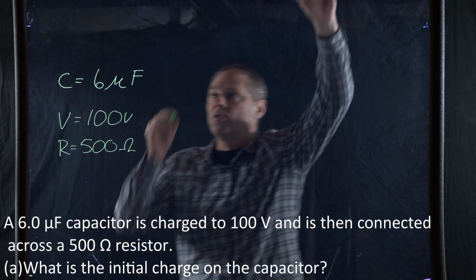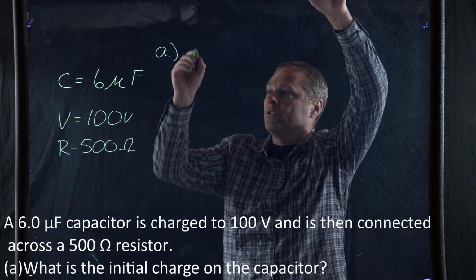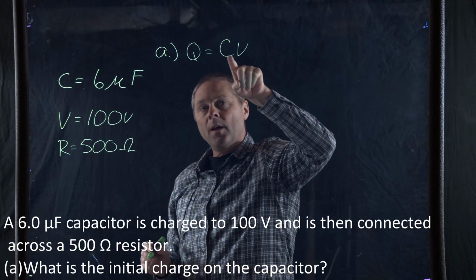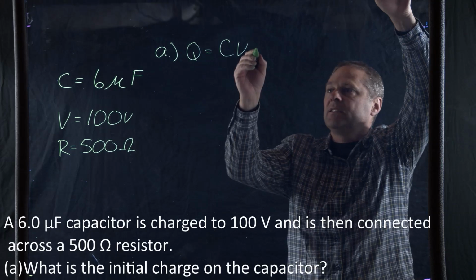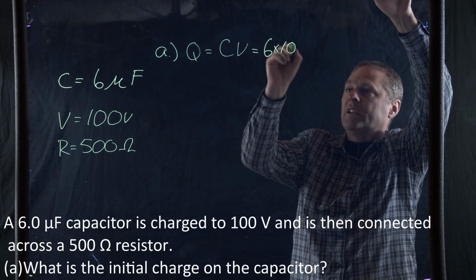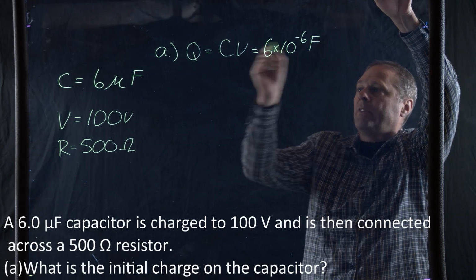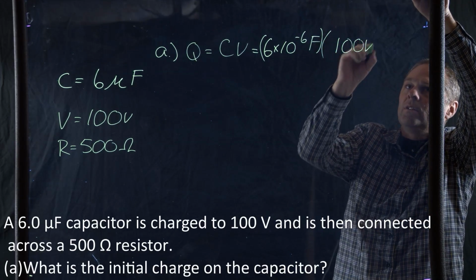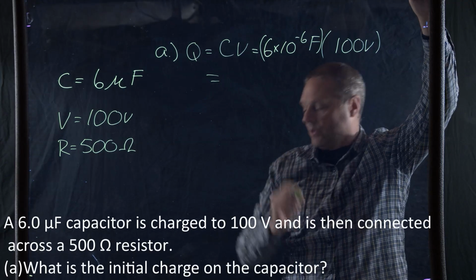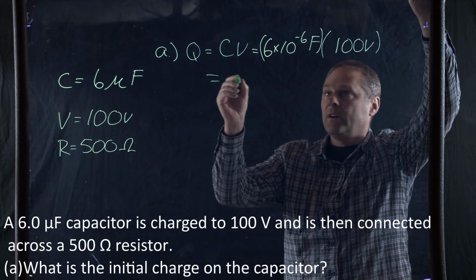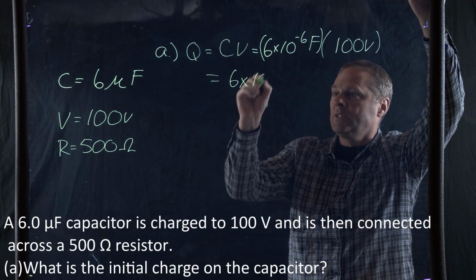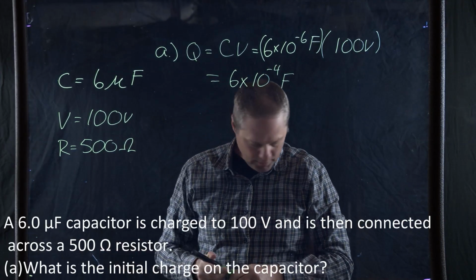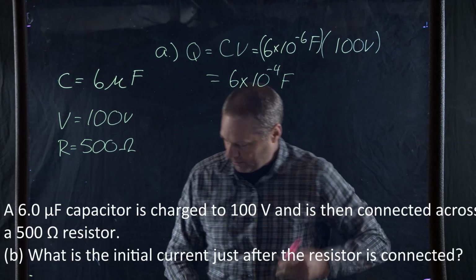If we're looking for charge, that's going to be Q is equal to C times V. We know that the capacitance is 6 times 10 to the minus 6 farads times the 100 volts. So this is going to be equal to 6 times 10 to the minus 4 coulombs.